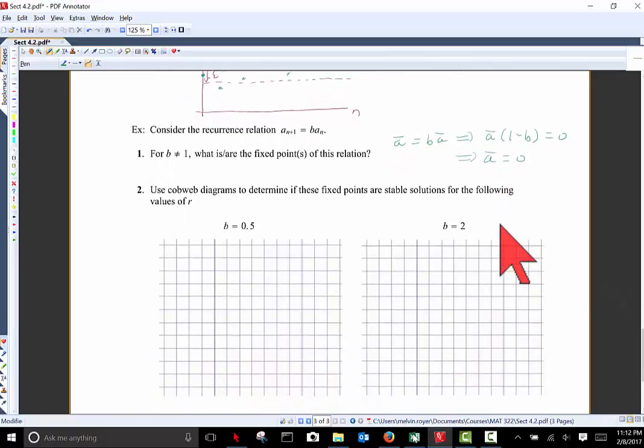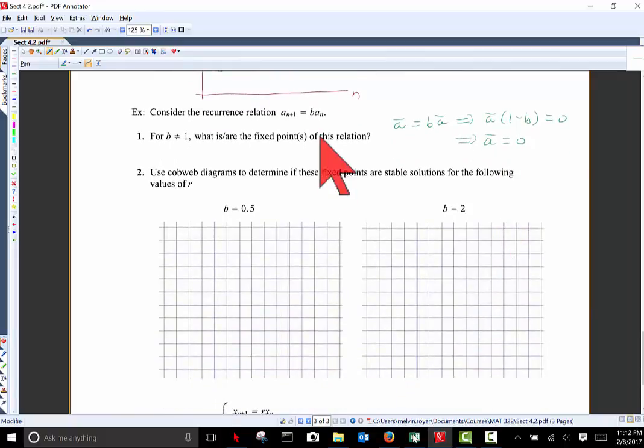And now we want to check whether that's stable or not. And it might depend on the value of b. So let's take a case when b equals 1/2 and when b equals 2. I'm going to show the so-called cobweb solution. So let's draw a coordinate axis here. And I'm going to put two things on this.